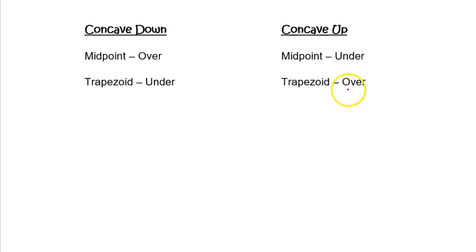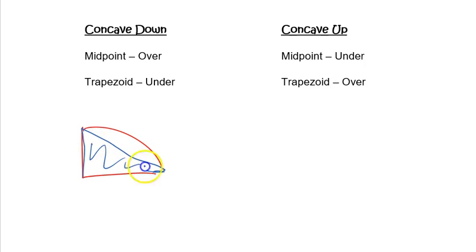I do a little bit of a problem in my head with the trapezoid because I can visualize it better, and I just realized that the midpoint is the opposite of that. So for example, if I had a concave down graph that I was thinking about, if I just did one big trapezoid, I think about, would that be over or would that be under? And if I connect it, I can visually see for myself that that's an underestimate. And if I can do that, I realize if I'm doing a midpoint, it would be an over. And the same thing for concave up.